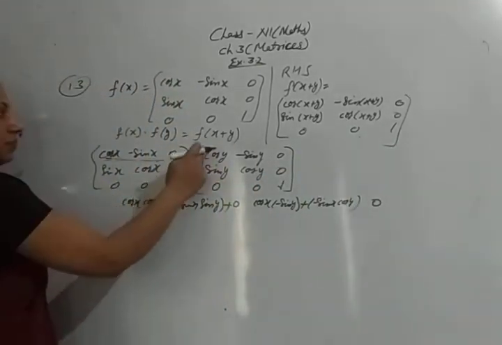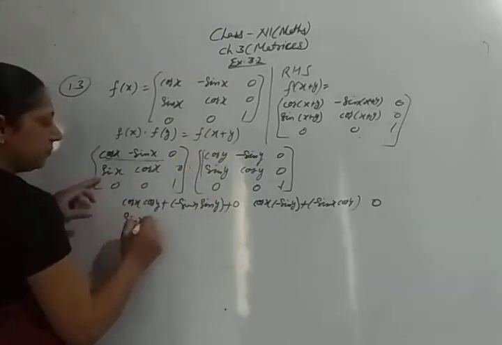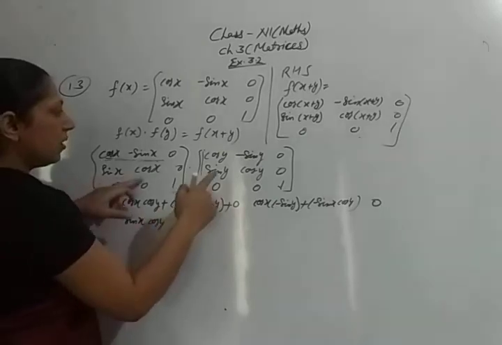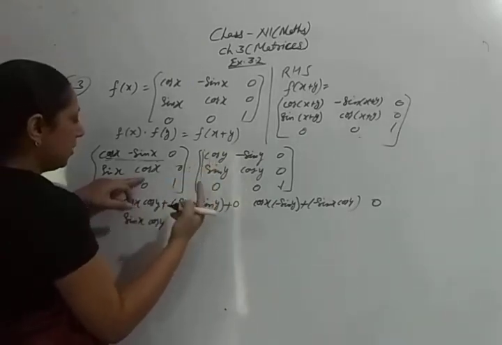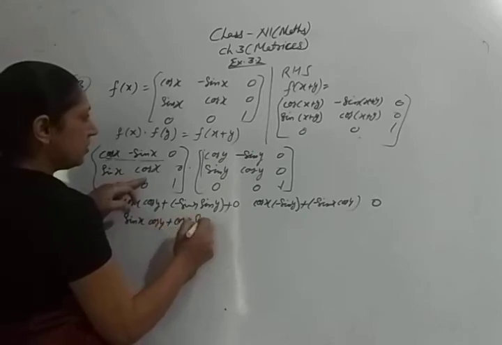Now second row, first column: sin x cos y plus cos x sin y.